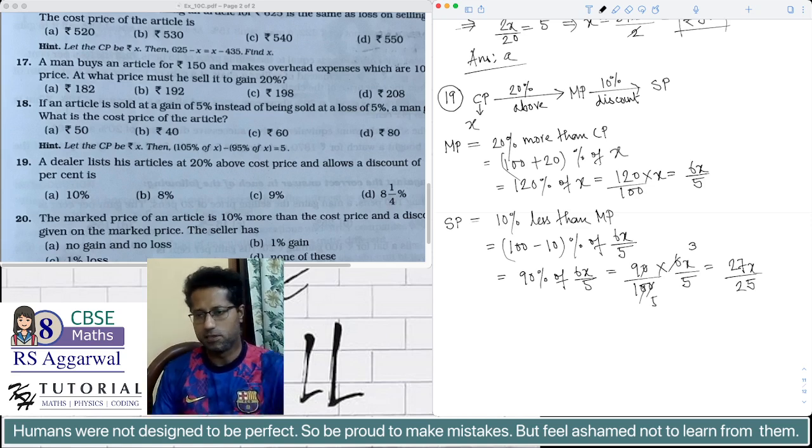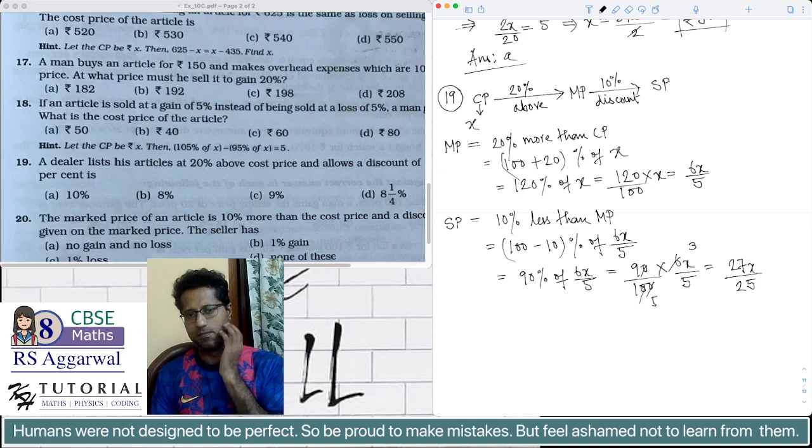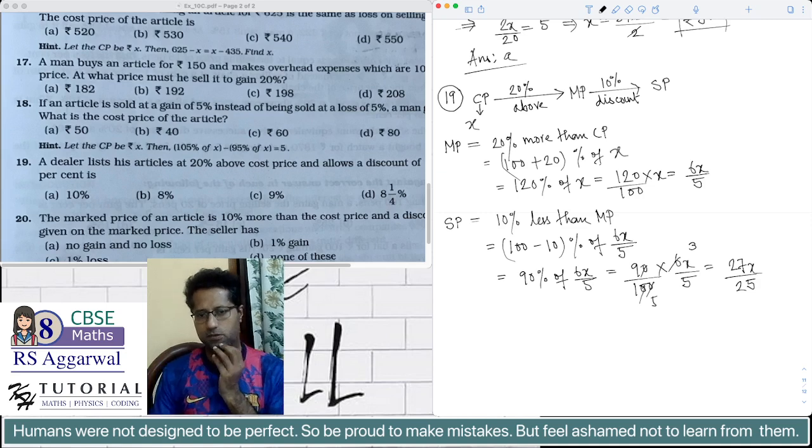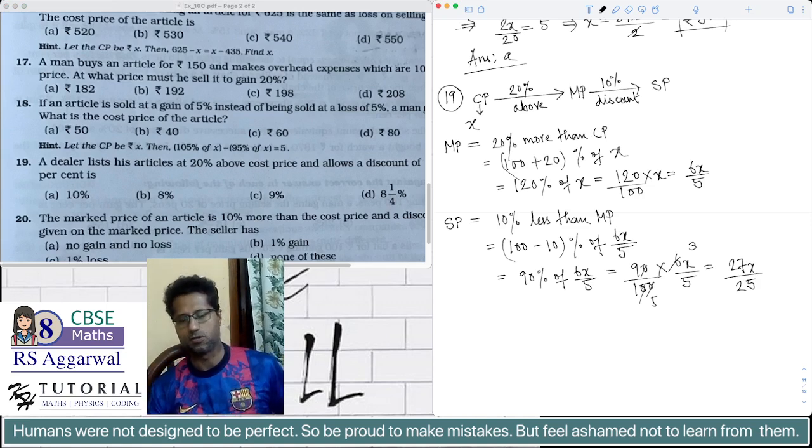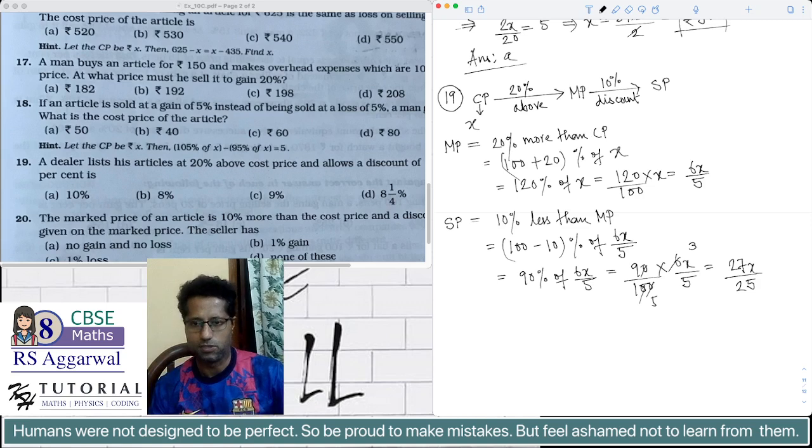Now the selling price is 27X by 25 and the mark price is 6X by 5, which is more. Since the question has already asked what is the gain percent, SP will definitely be more. But if the question was asking whether there is a loss or gain, then you would have to check whether SP is more than CP or not.